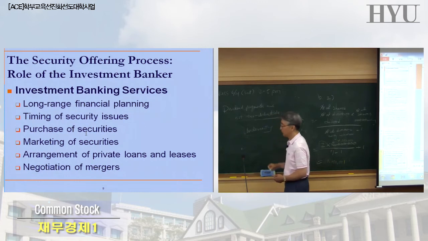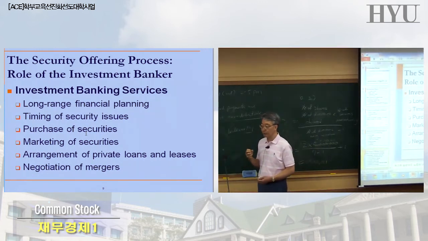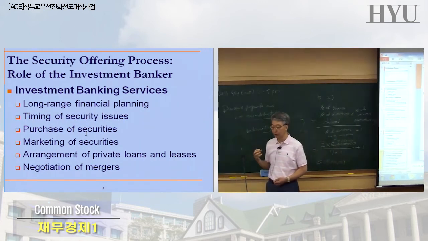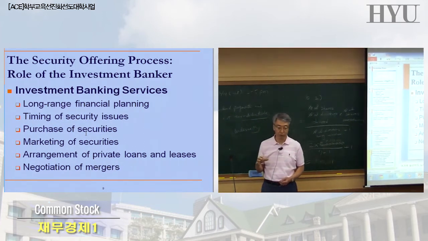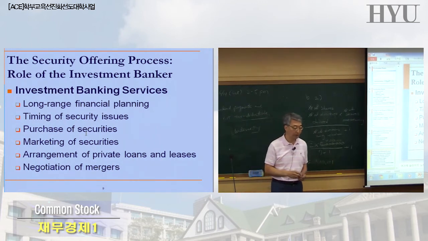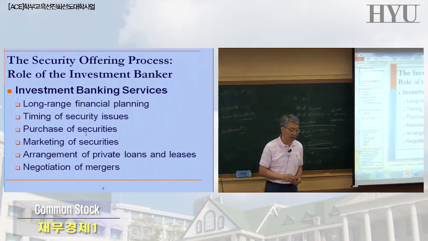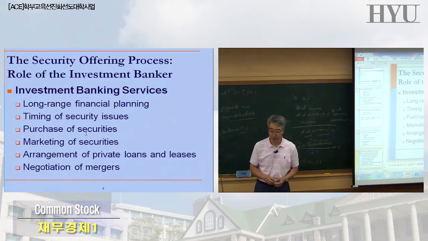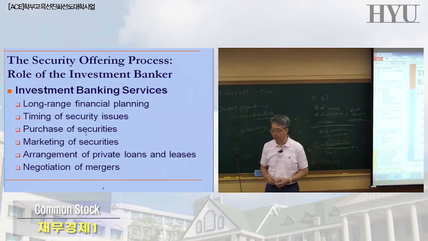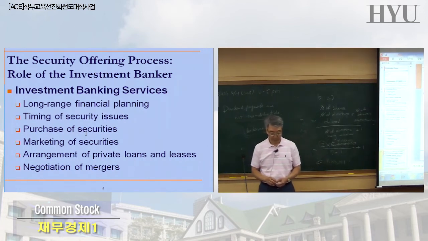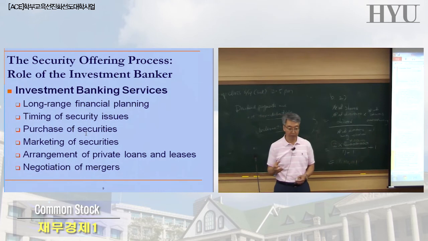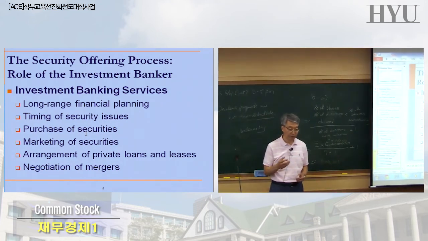Underwriting typically means your investment banker will purchase all your stocks and all your new issuance of bonds, and they will try to sell them to the general public or other institutional investors, like pension companies or commercial banks. Okay? So that's what we're talking about: purchase of securities, marketing of securities. Yes, the investment banker purchases securities from your company, and then they will market the securities to the investors.